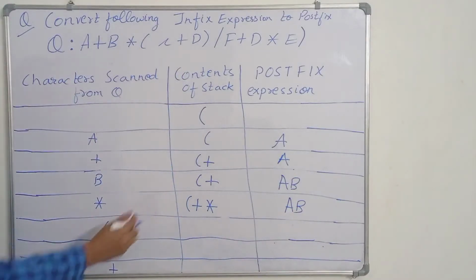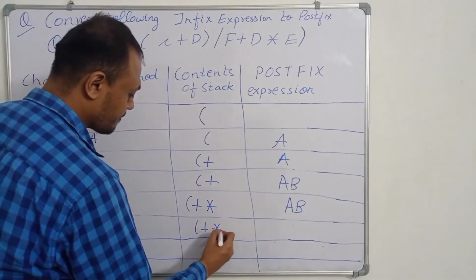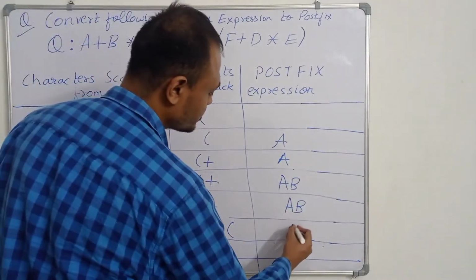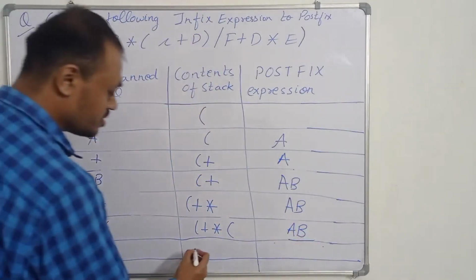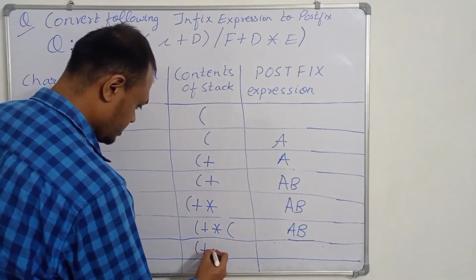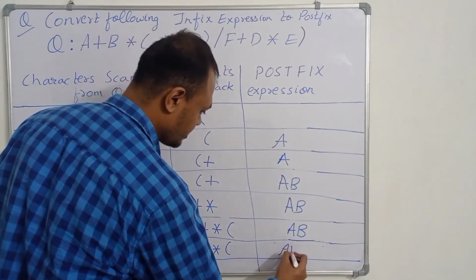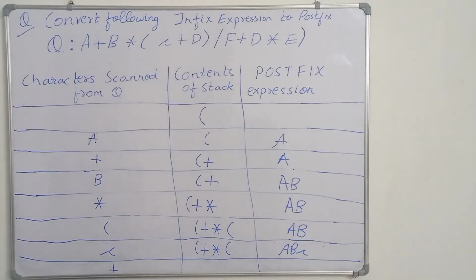Now this parenthesis, so again it will be added to the contents of stack and postfix expression as it is. Now C, so AB and C. Up till now it is very easy.